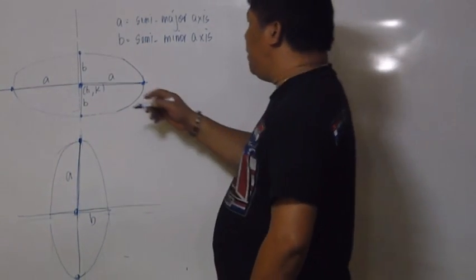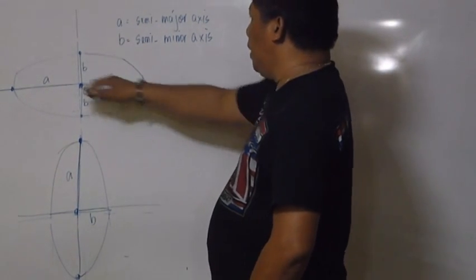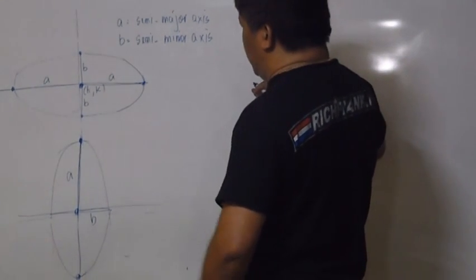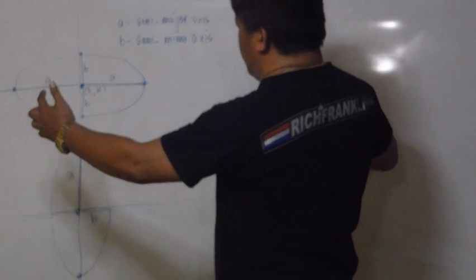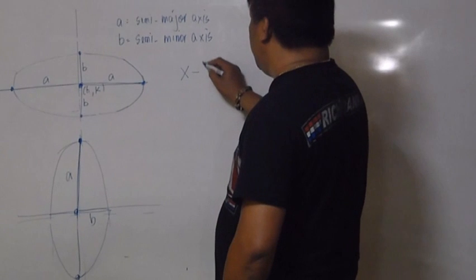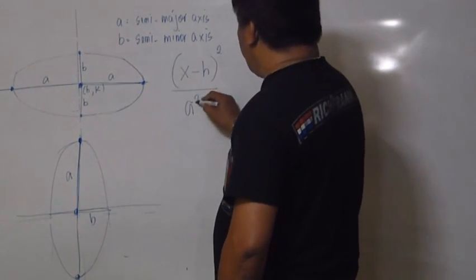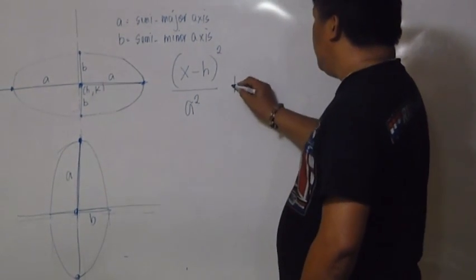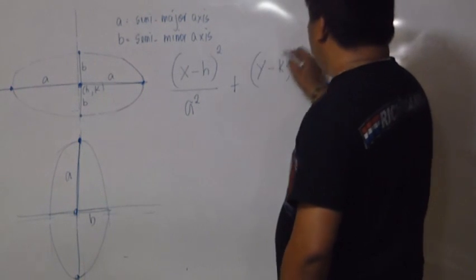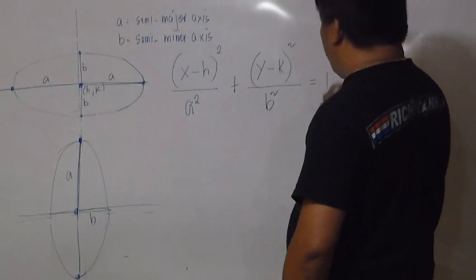Equation of an ellipse in this form, wherein the major axis is along x. So we can have here (x minus h) squared over a squared, then plus (y minus k) squared over b squared is equal to 1.